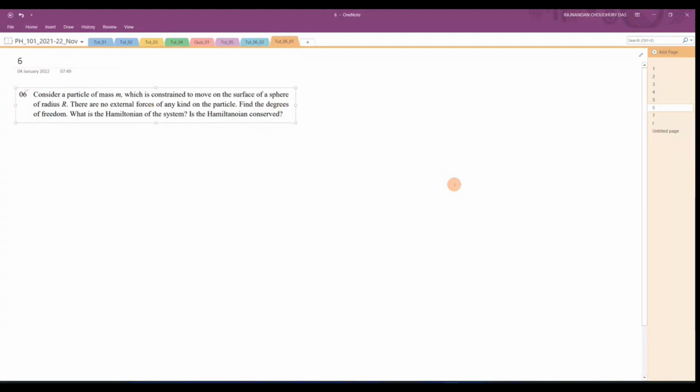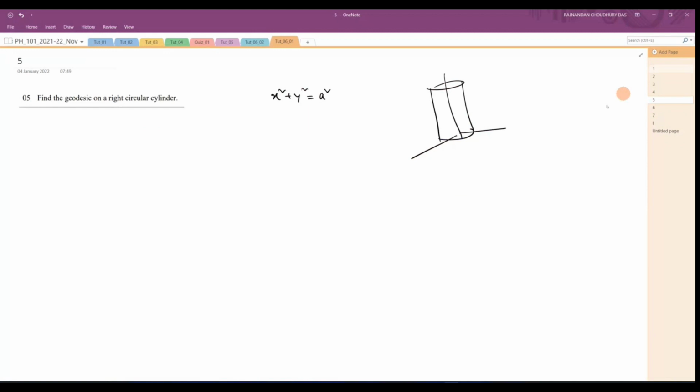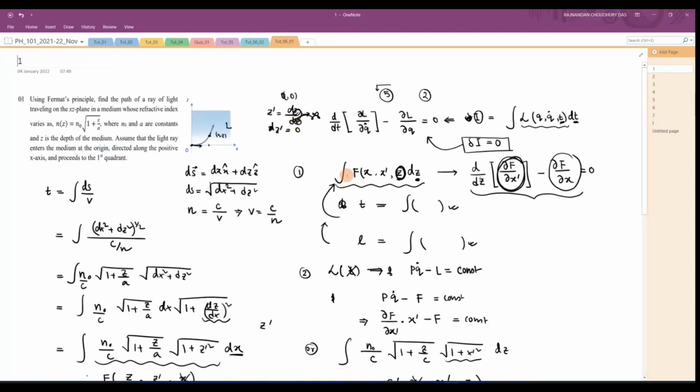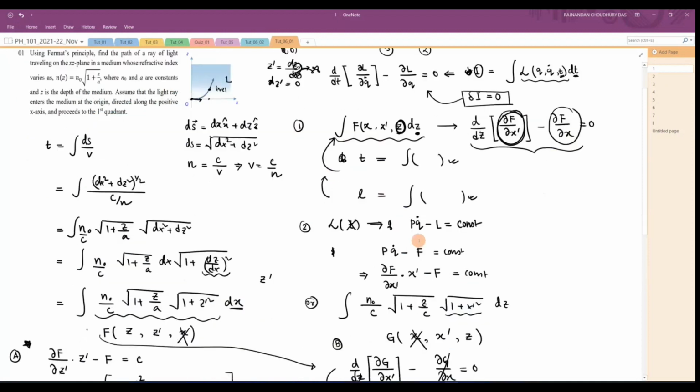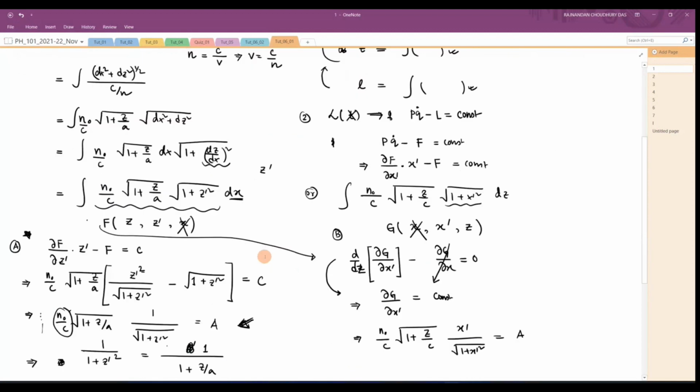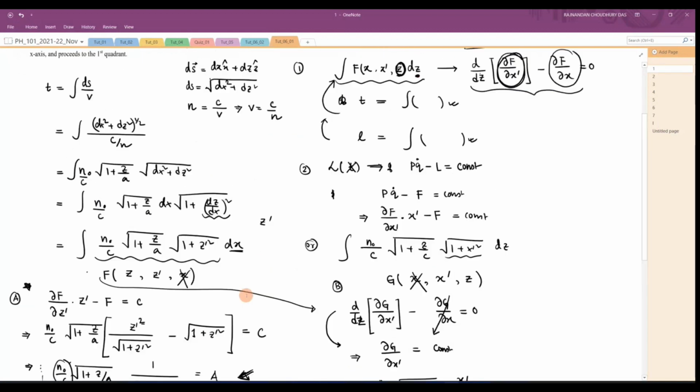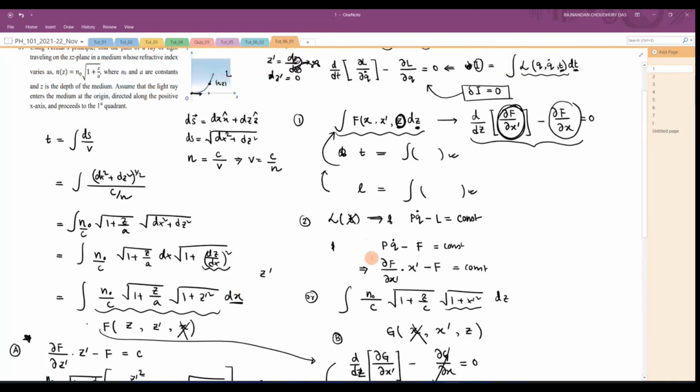Question number 6 now. So our variational principle problems are done. All the 5 problems are actually related to our Euler-Lagrange equation. So please try these problems once. I have given almost 2 approaches for all the problems, so you should try at least.